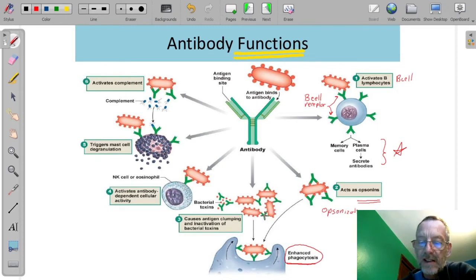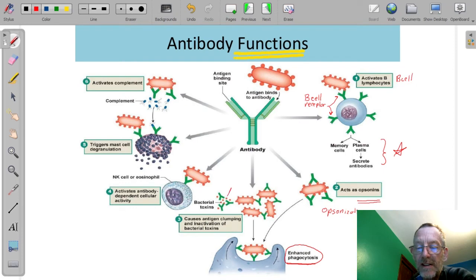The antibodies can also cause clumping, which is what we saw with the blood cell typing. Different antibodies bind to different antigens, and they can cross-link antigens, can form clumps, and that can also be endocytosed or phagocytosed. Antibodies can directly bind to these little bacterial toxins.